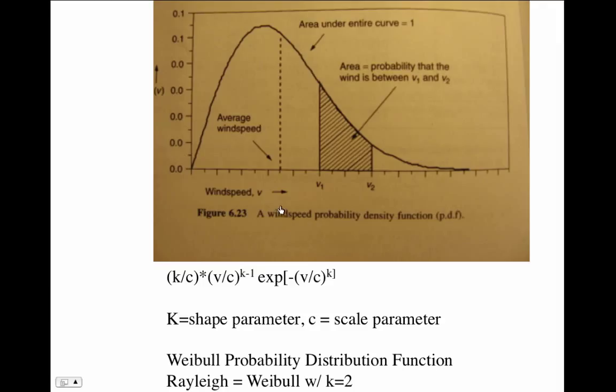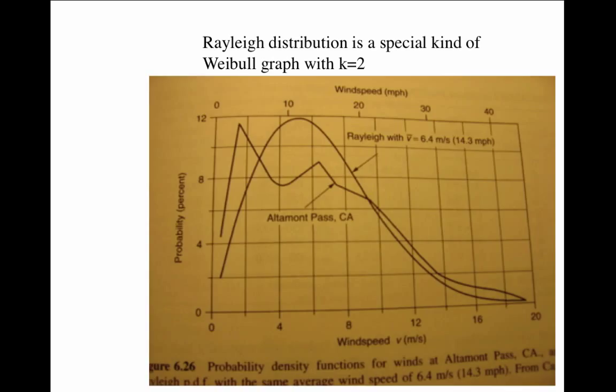Let's look at this. So this is the percent of time that the wind is at each one of these wind speeds. And this is in miles per hour at the top and meters per second.